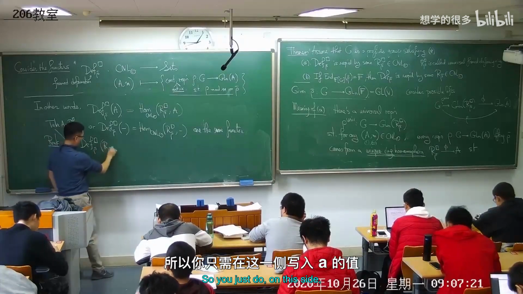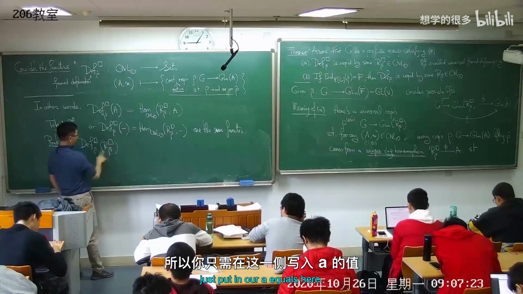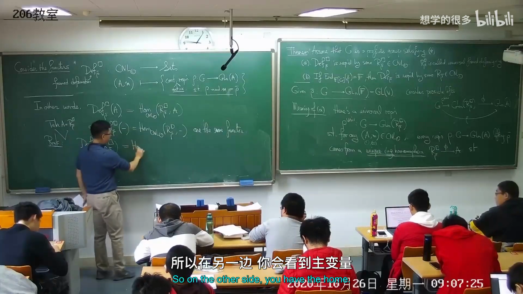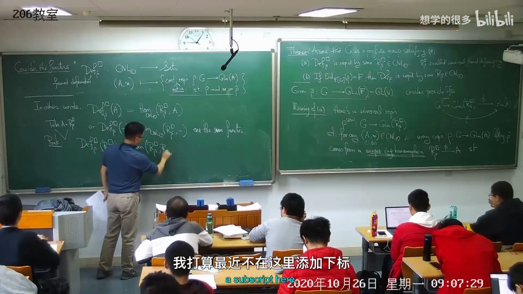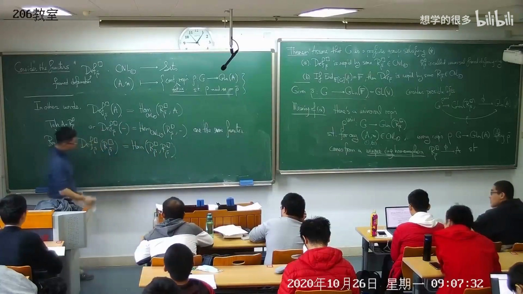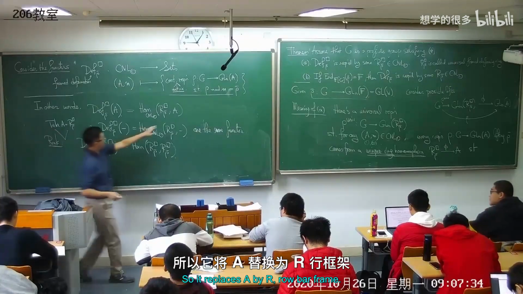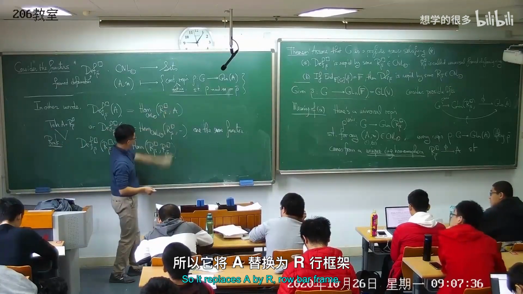So on this side, you just put in A equals R rho bar frame here. On the other side, you have the Hom. I'm going to be lazy not to write the subscript here. So it replaces A by R rho bar frame.